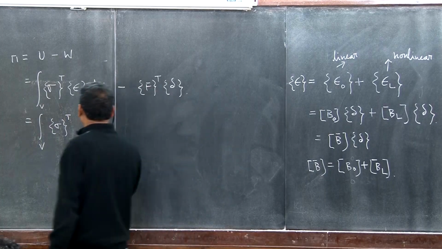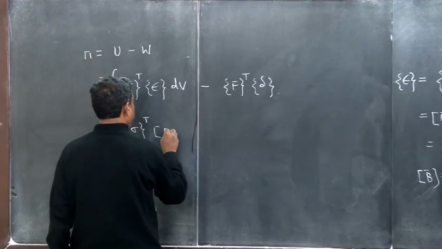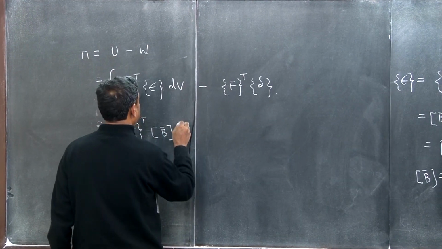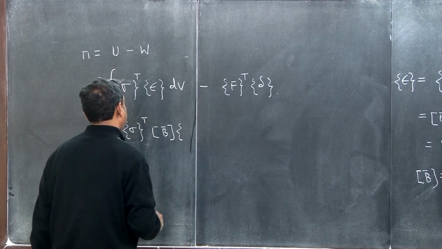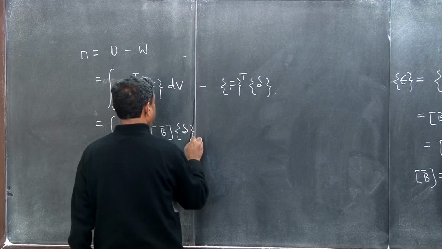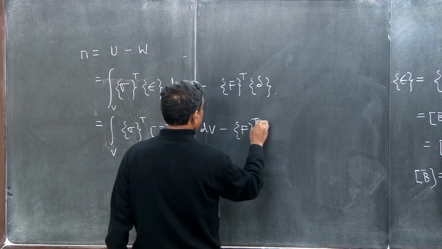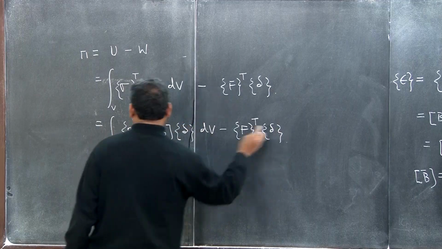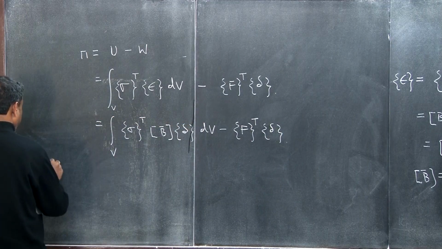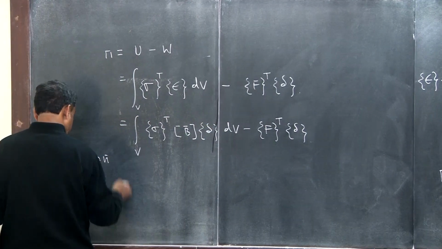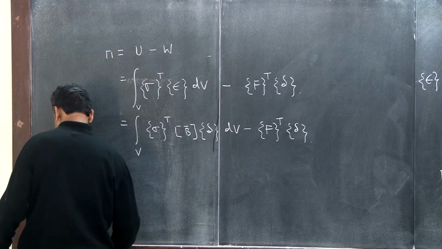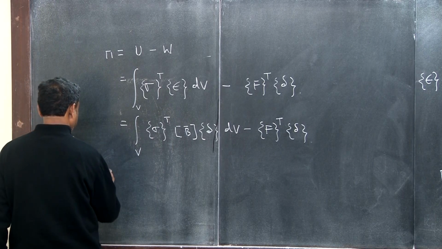So sigma transpose, and epsilon is B bar delta dV minus, so find out some residual, okay.